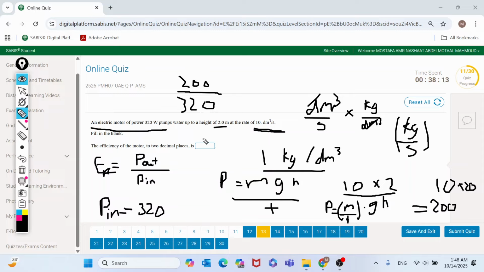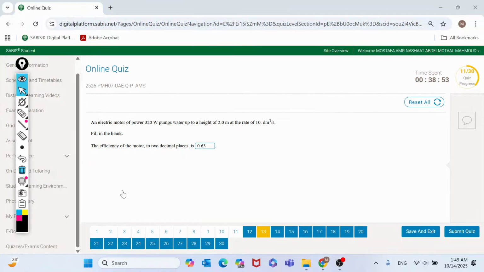Now when you solve this, 200 over 320, you're gonna get 0.625, and they wanted two decimal places. 0.625 to 2 decimal places is approximately 0.63. Okay guys, this question is so confusing, and I feel like my explanation was a bit confusing too, so my bad guys, but I don't know how to explain better than this. Okay, so 0.63.